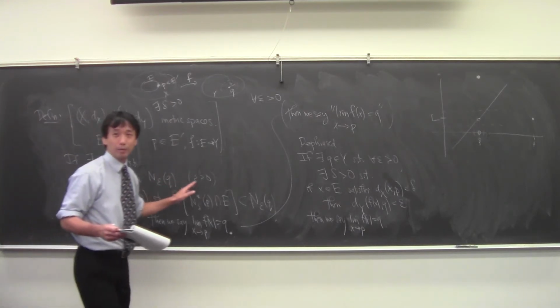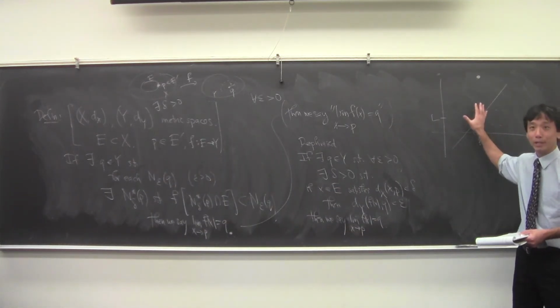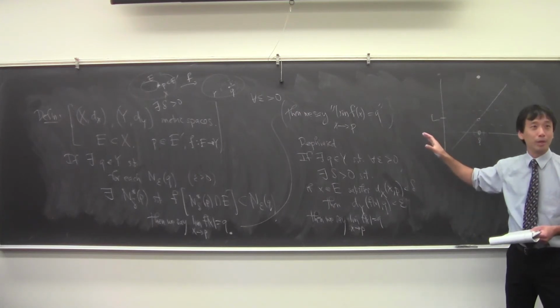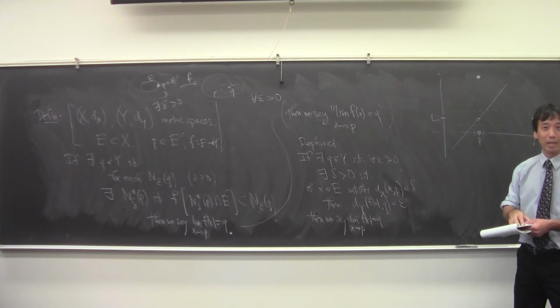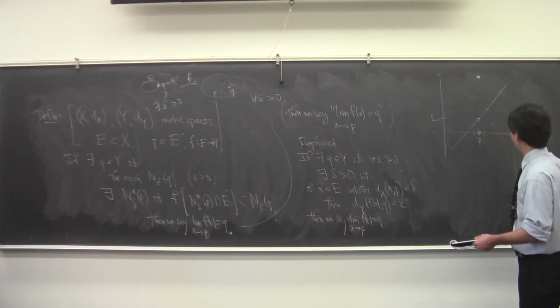What you want to think is that this is actually your old friend the limit, just in new garb. Don't be intimidated by this. All we've done is take the graph and write it like this.